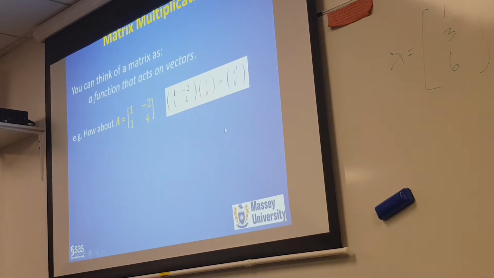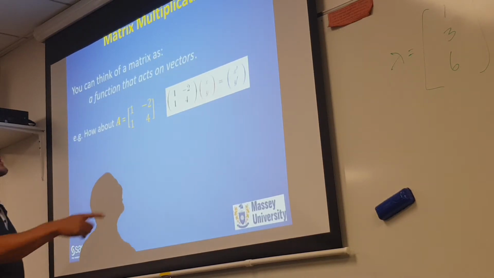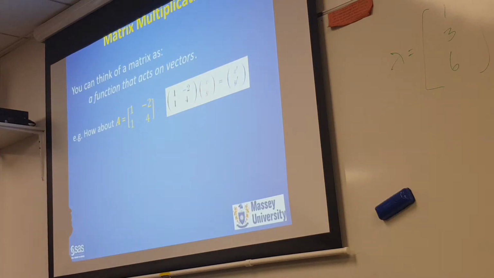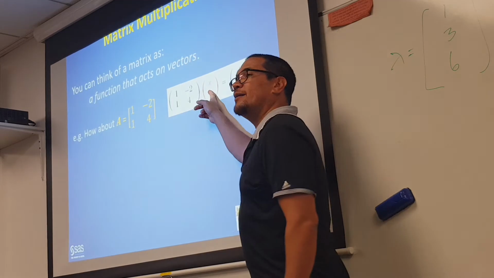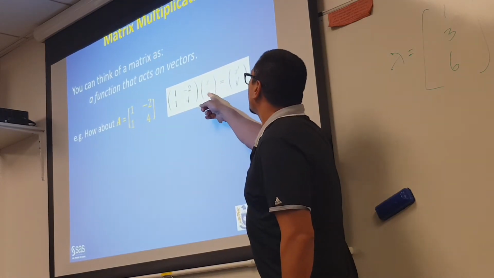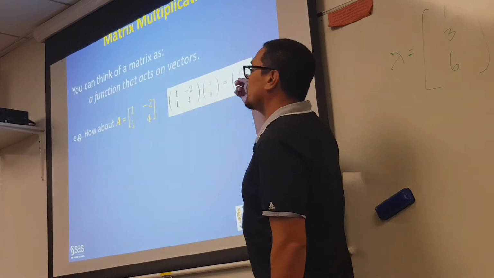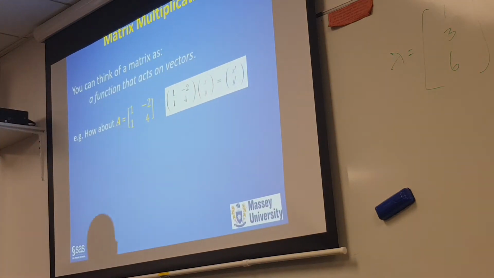Okay, how about this matrix here? Let's say A is 1, 1, negative 2, 4. Now I can choose any value of x and y, and then I multiply it. So I'm going to denote the values of x, y in red in a graphic, and then the resultant vector is going to be in blue here.